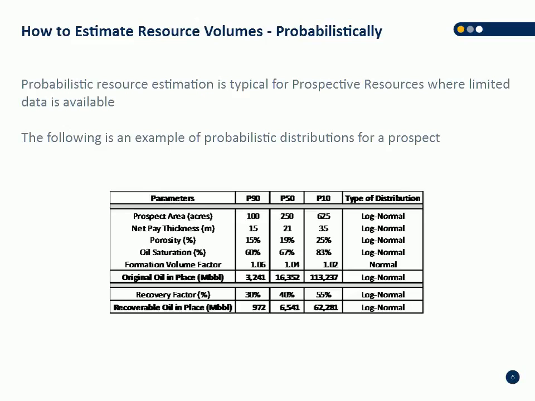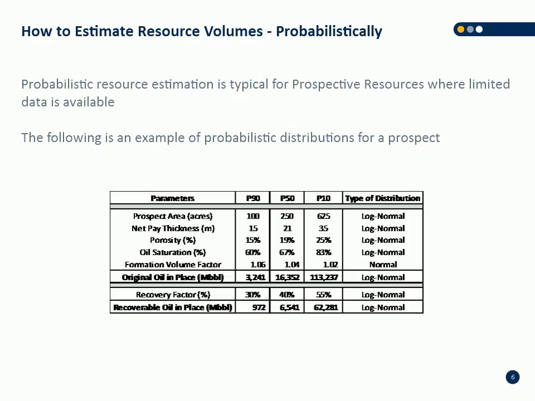This table is just showing you, it's talking about volumetrics and recovery factors, so it's determining recoverable volumes based on a probabilistic method. It's showing you a summary of an example of P90, P50, and P10, so low, best, and high statistical points for parameters such as area, pay thickness, porosity, LSAT.